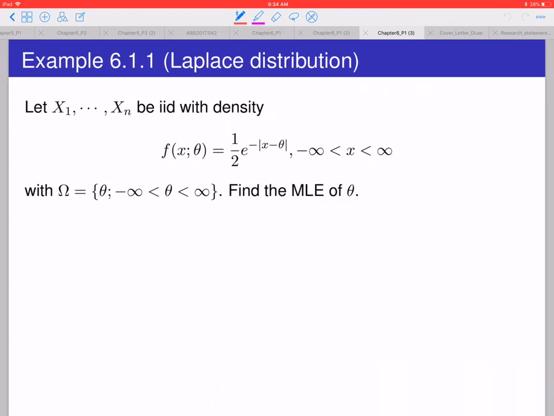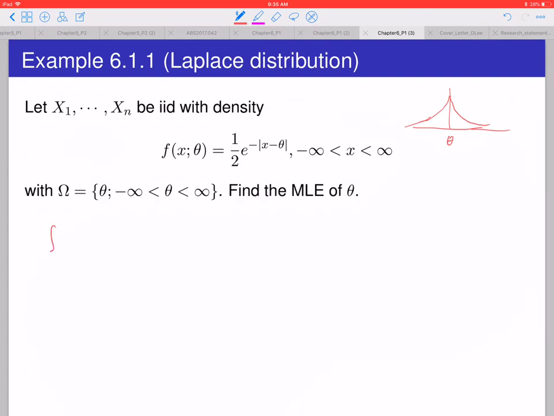So now we're going to move on to an example. This is called the Laplace distribution, which is kind of heavy-tailed. You have a zeta, something like this, and the density function is like this.